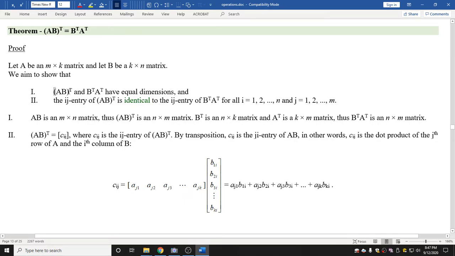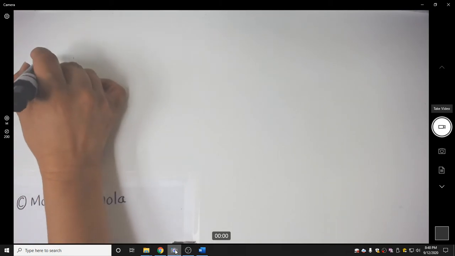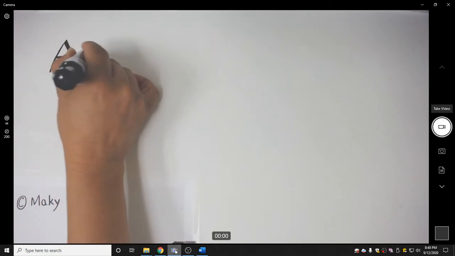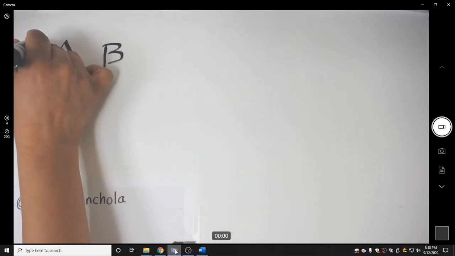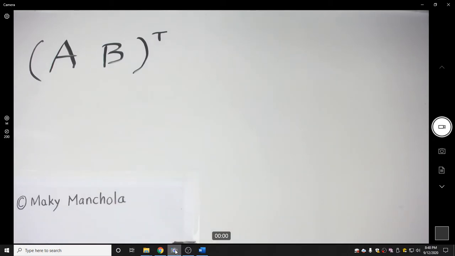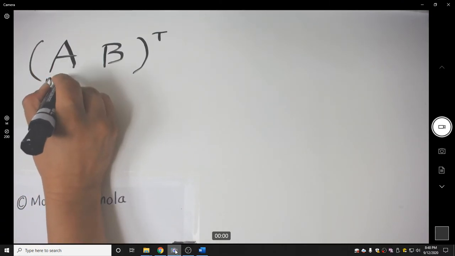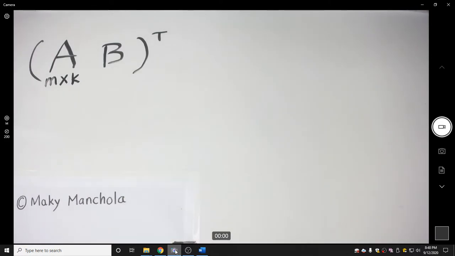Okay, so let's deal with the first goal. What are the dimensions of (AB) transpose? Well, we know that A is an M by K matrix, and B is a K by N matrix.